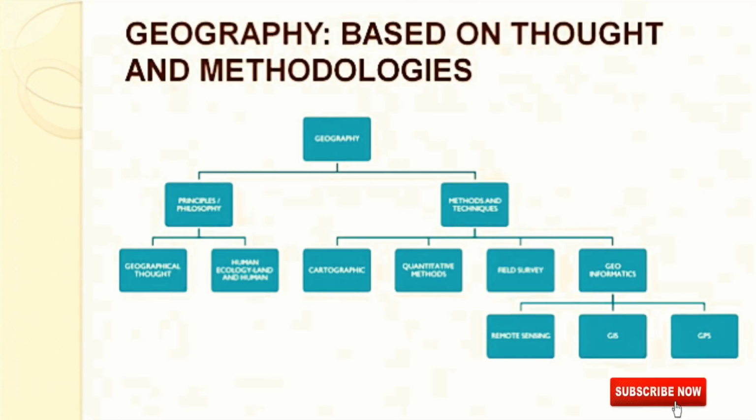If we divide on the basis of principles and philosophy, there is geographical thought, human ecology and land and human thought. And if we concern the methods and techniques, it could be divided as cartographic, quantitative methods, field survey or geoinformatics. Geoinformatics is further divided into remote sensing, GIS and GPS.